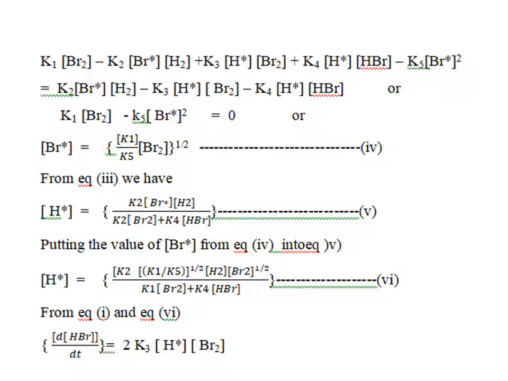This is equation number 6. Now from equation 1 and 6 we can write dHBr over dt, that is equal to 2K3 H star concentration into Br2 concentration.